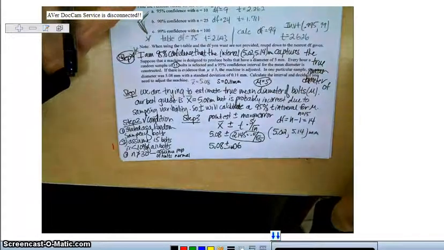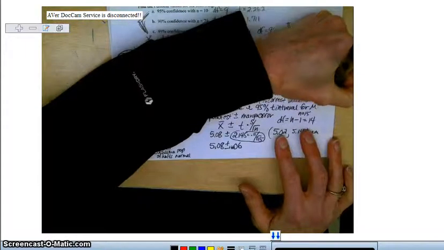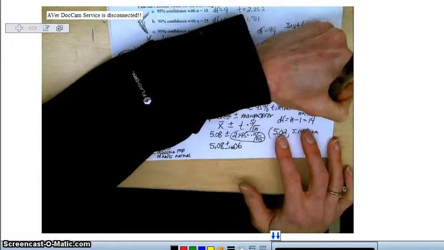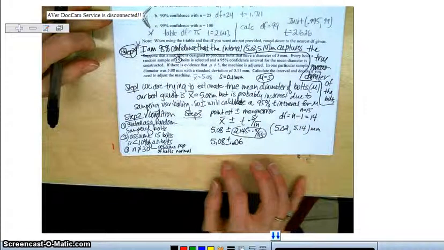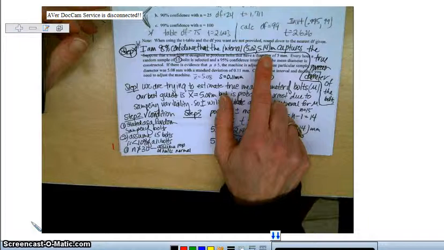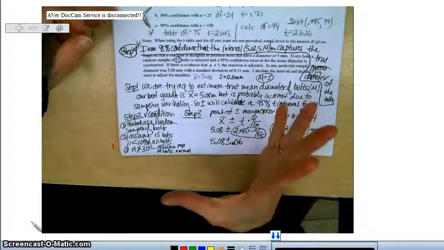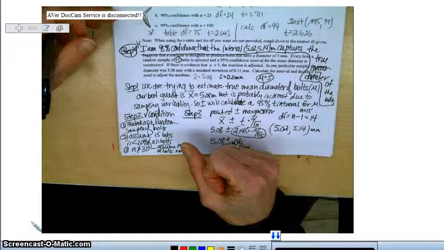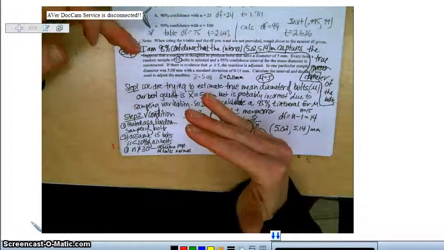What are we finding the diameter of? Of the bolts. I had to run down the side here. Okay, I am 95% confident that the interval from 5.02 millimeters to 5.14 millimeters captures the true diameter of the bolts. Is 5 in there? Okay, we wrote the confidence interval.